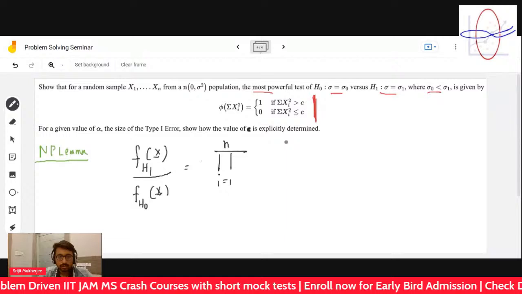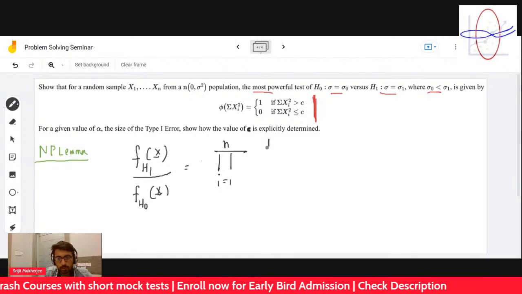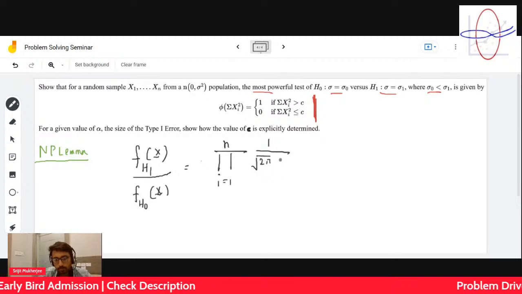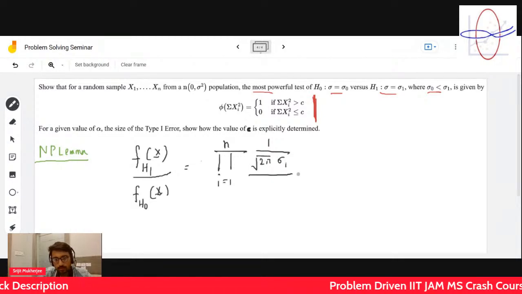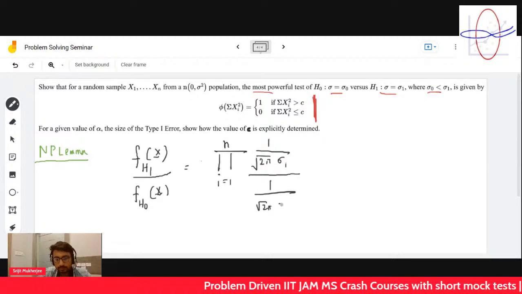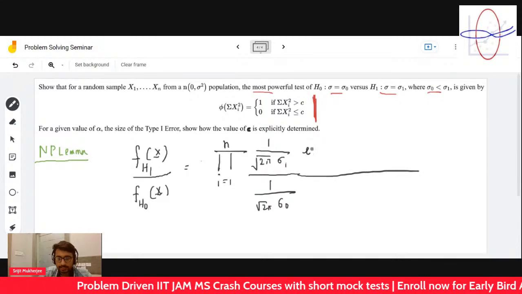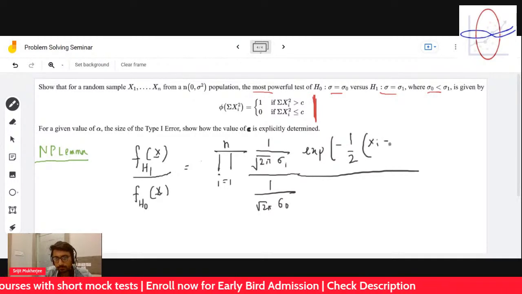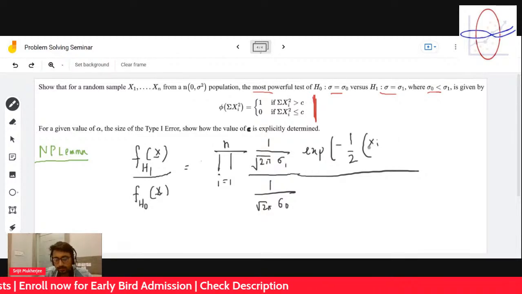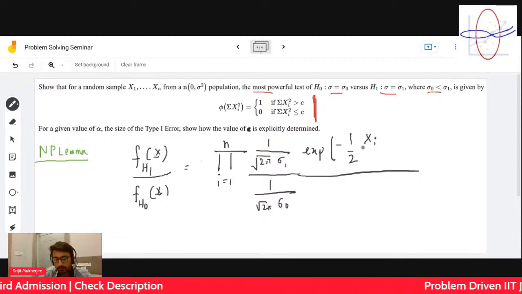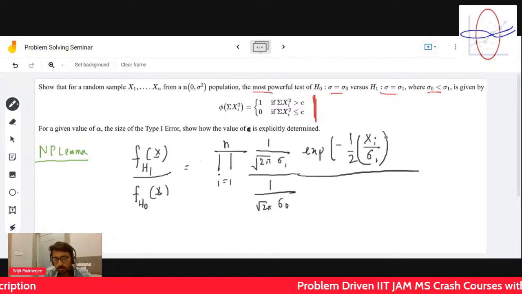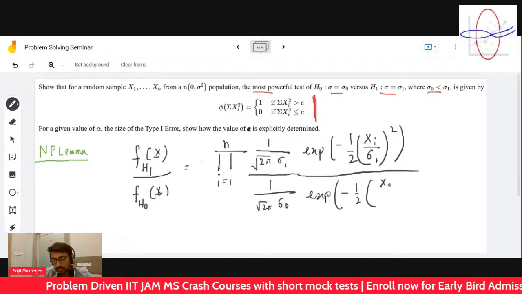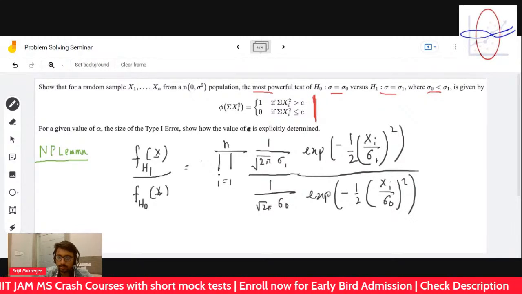Okay. On top, what is there? On top, 1 by root 2 pi sigma 1, and on the bottom, 1 by root 2 pi sigma naught, and it's exponential minus half of xi minus 0, that is xi, you can write it as xi by sigma 1 whole square, divided by exponential of xi by sigma naught whole square.